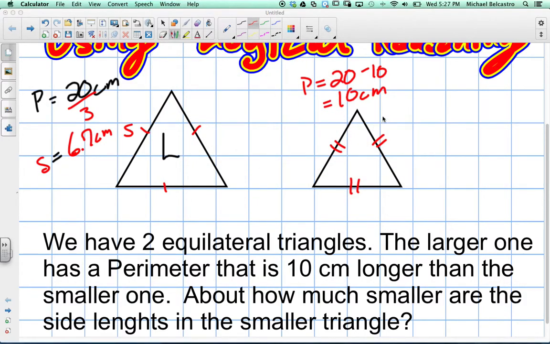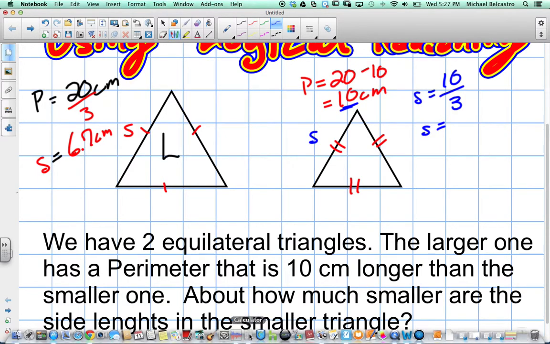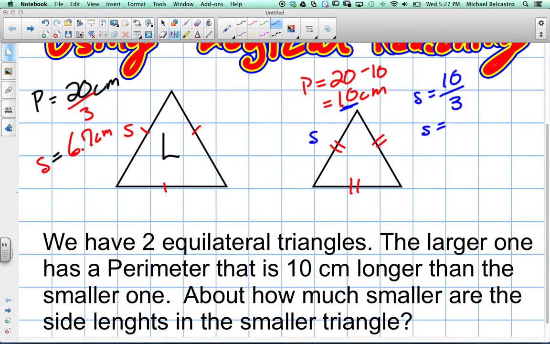Now, how would we find out the side lengths of the smaller one? That's right. We take that 10 and we divide it by 3. So side will be equal to, same idea, 10 divided by 3 equals 3.4, let's say. Okay? So 3.4 is our side length.